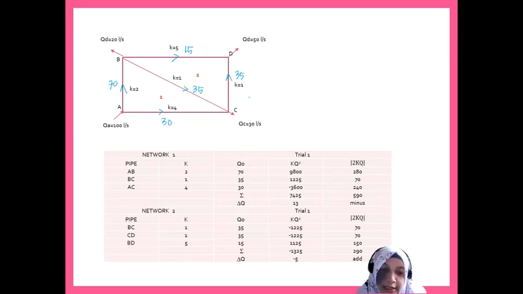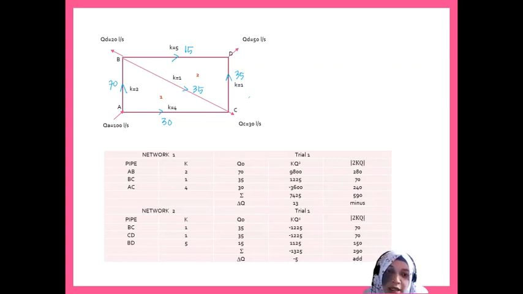And the second procedure, we can calculate the HF or major loss, K times Q squared. K for the pipes, we can divide into two networks, network 1 and network 2: pipe AB, pipe BC, and pipe AC; pipe BC, pipe CD, and pipe BD.